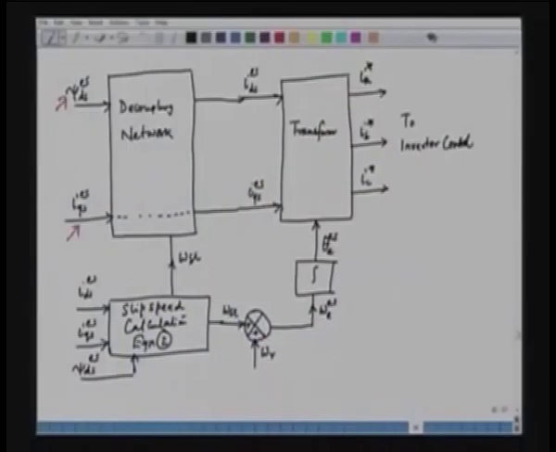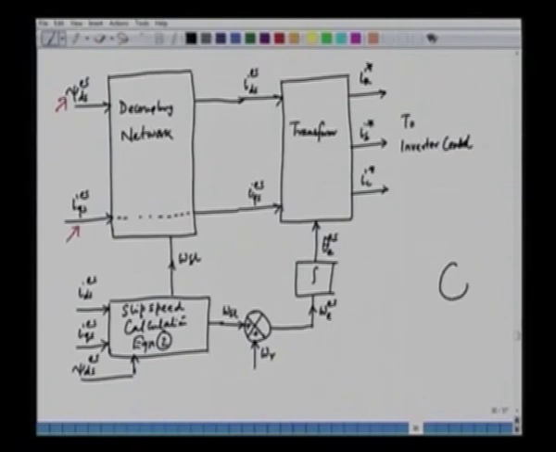So, here what we have is inverter control. So, we can use a voltage source inverter. We can have an induction motor here, and these are the 3 different phases of the induction machine. So, we can have this inverter, and this inverter will impress this IA star, IB star, and IC star to the 3 phases of the machine. They are phase A, B, and C.